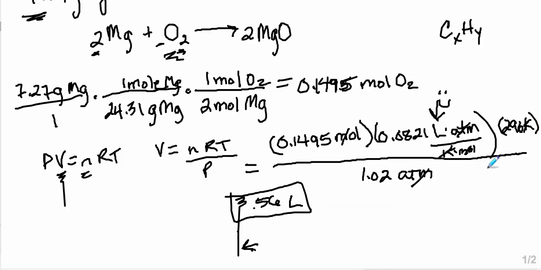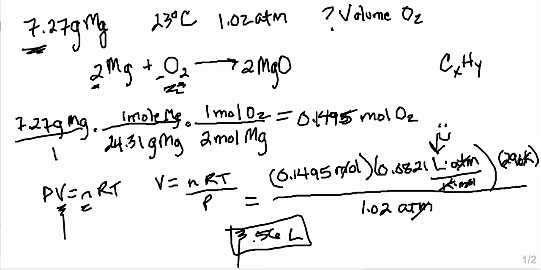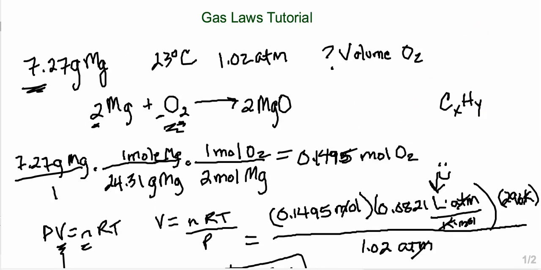I would circle it. So to reiterate what I did to solve this problem: first, I had to determine what the formula was and write it down. And then I had to know what number I want to extract from that formula using stoichiometry.